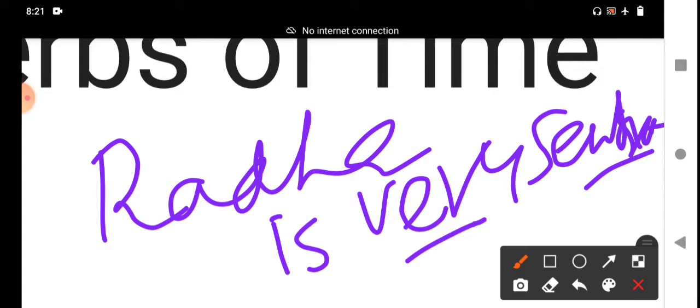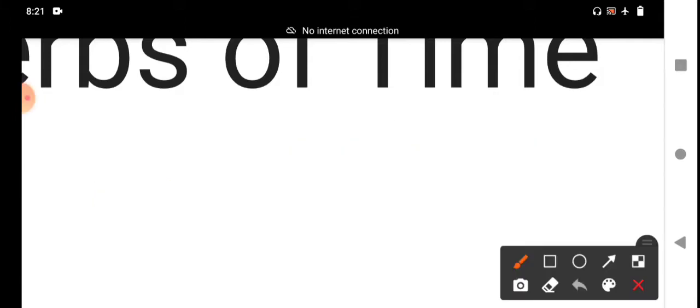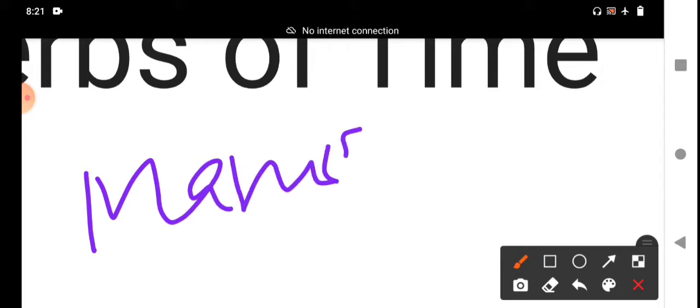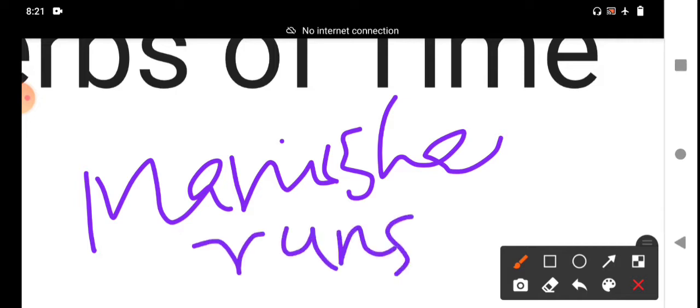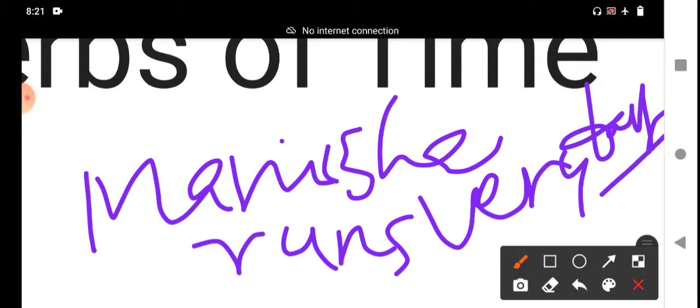According to the definition, it also modifies another adverb. For example, Manisha runs very fast. Fast is an adverb. Very is another adverb; it modifies the adverb fast.